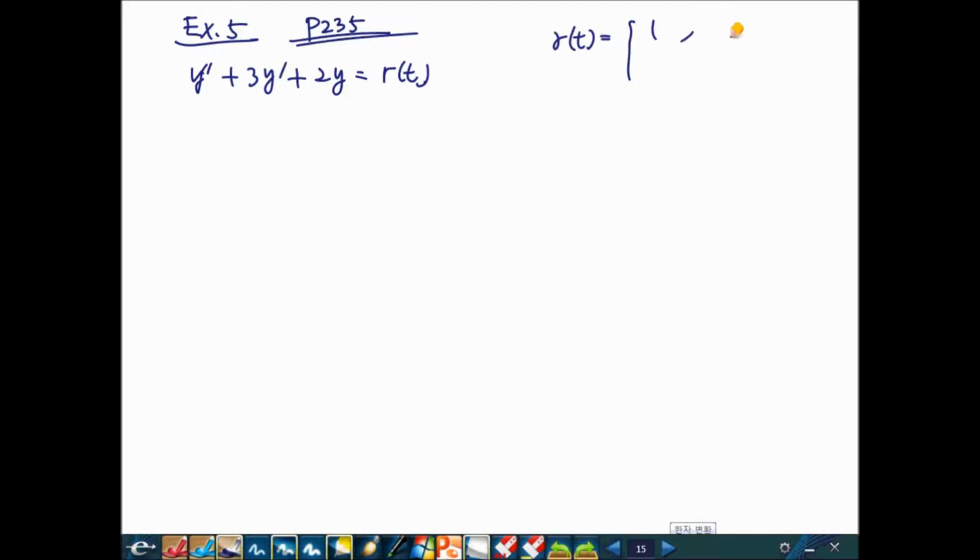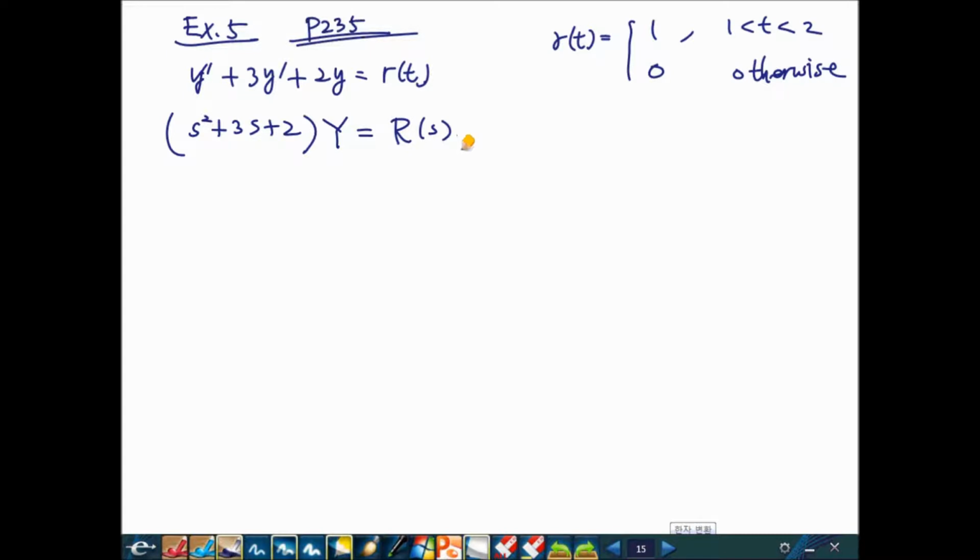It's 1 from 1 to 2, and 0 otherwise. It's a square function, same thing, and the initial conditions are 0. So s squared plus 3s plus 2 times Y is R of s.